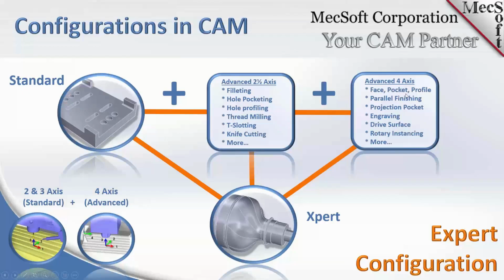You get facing, pocketing, profiling. You get 4-axis parallel finishing. Many of these are continuous 4-axis operations. You've got projection pocketing, engraving, drive surface machining, and then as far as utility, you get radial indexing and more. So if you're interested or have parts that you need to cut on a radial axis and you have the capability on your machine, just run the product in the Expert configuration.